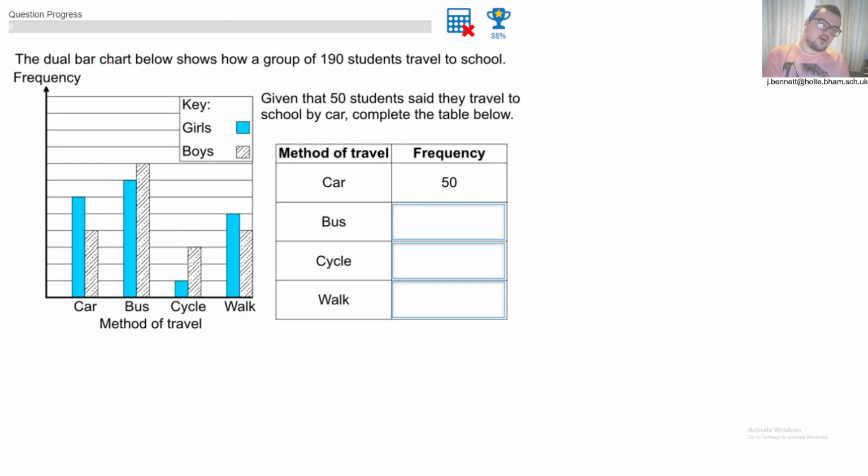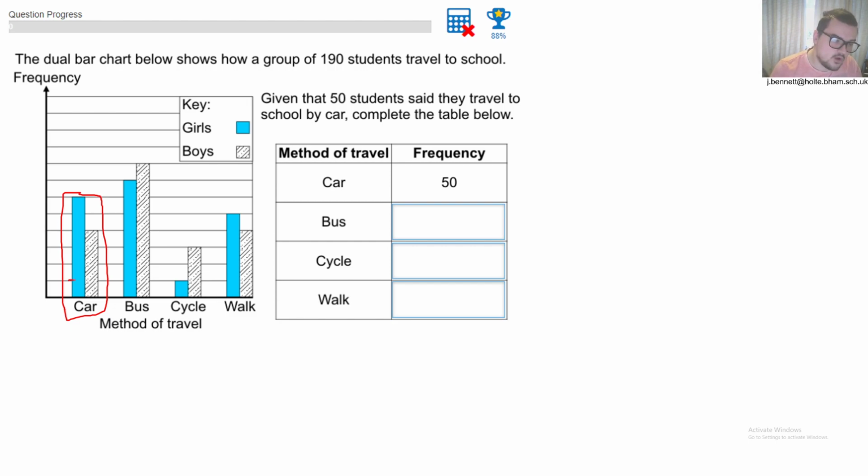A dual bar chart shows how a group of 190 students travel to work. Given that 50 students said they travel by car, complete the table below. Okay, so we know that these two columns add up to 50, because given that 50 said they travel by school, and this is all who they travel by school.